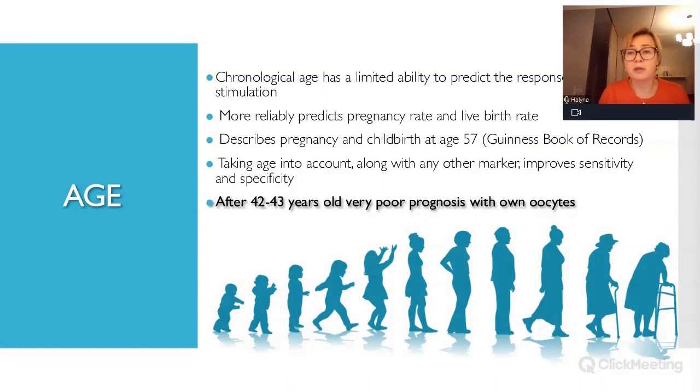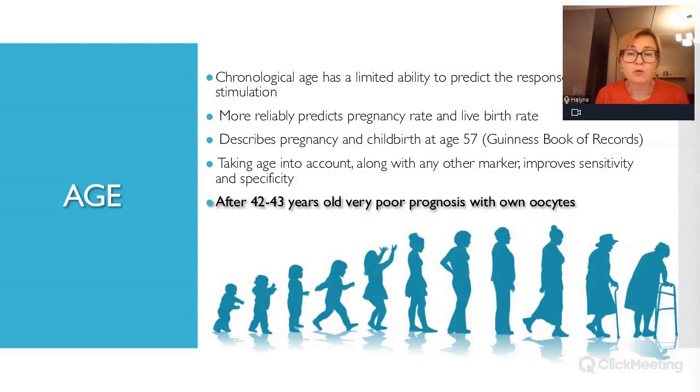Recently, I had a patient 42 years old, and I received 50 eggs. And sometimes I have a patient of 25, 30 years old, and I can receive only 1 or 2 follicles, only 1 or 2 eggs. So it is always individual, but in most cases, with age, the number of follicles decreases.